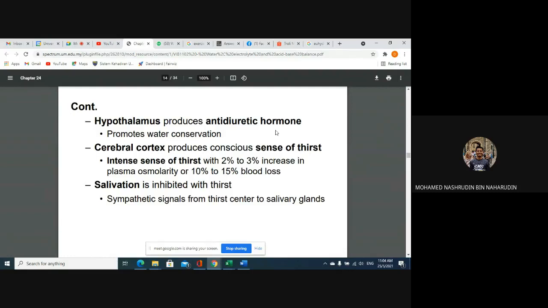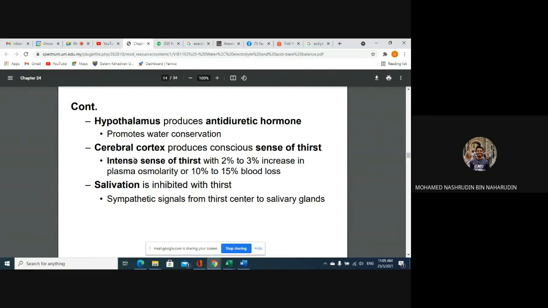And then the cerebral cortex produces the conscious sense of thirst. Part of the cerebral cortex will respond to the low blood pressure and start to increase the sense of thirst.